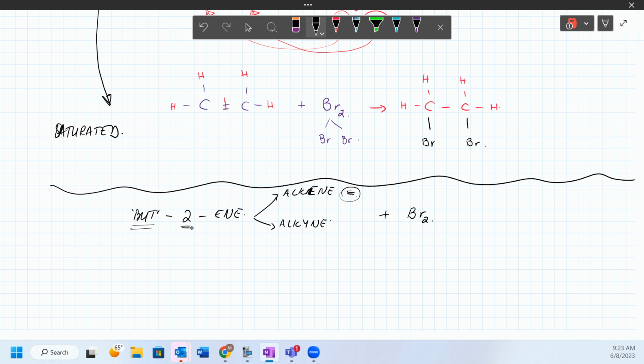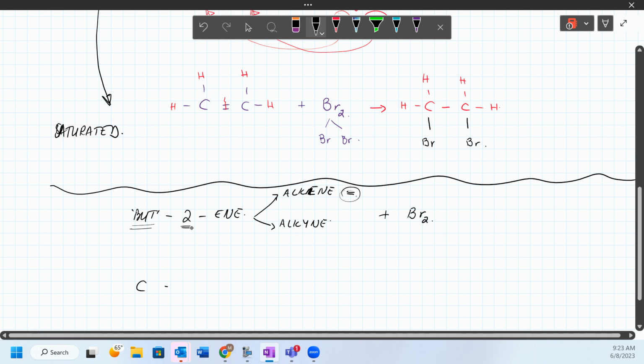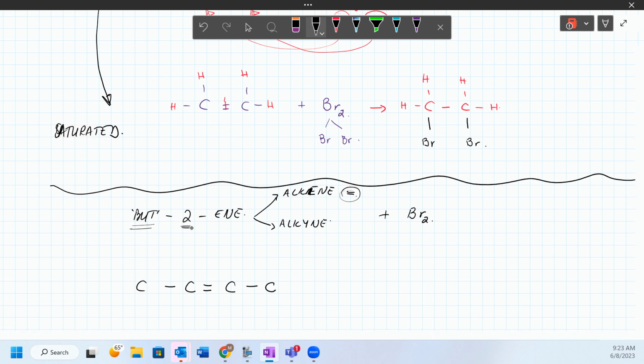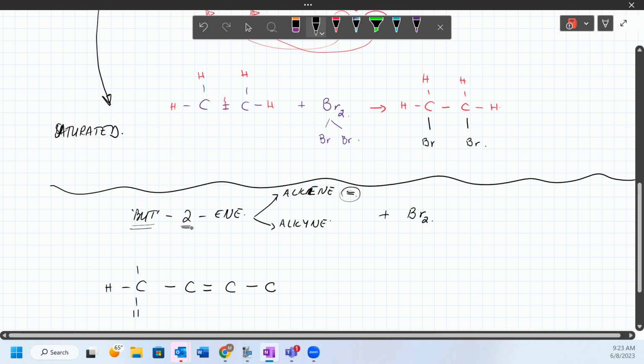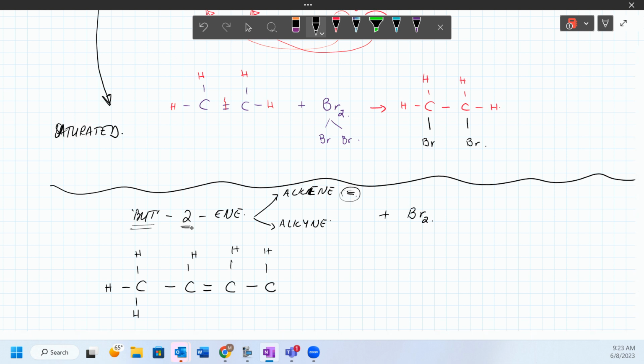This number here is telling us that the double bond starts with the second carbon. So we have carbon, and then another carbon, and here we have a double bond, and then we have a third one, and then a fourth one. In terms of the hydrogen distribution, we have hydrogen, hydrogen, hydrogen, one hydrogen, one hydrogen, and then 3 hydrogens here.